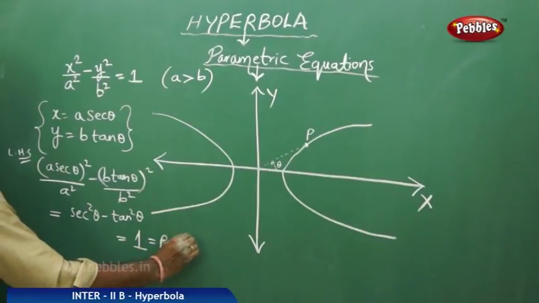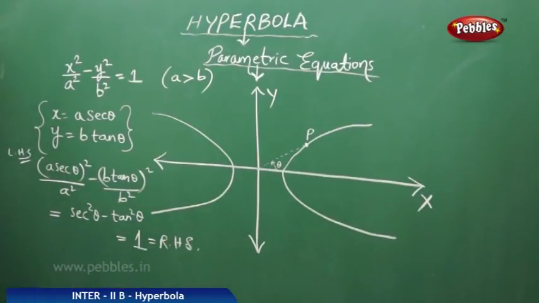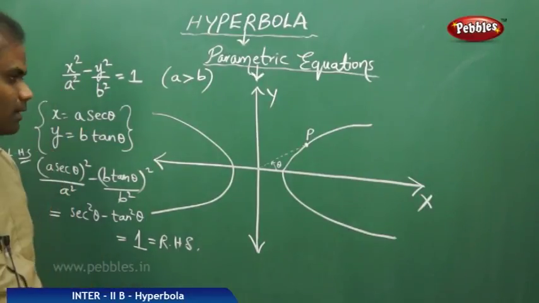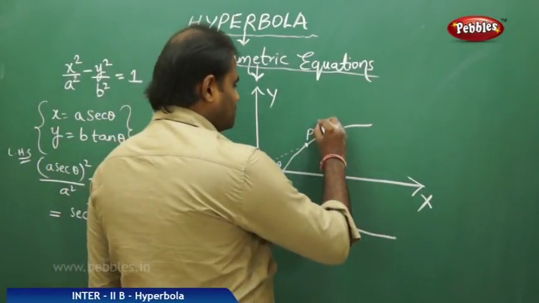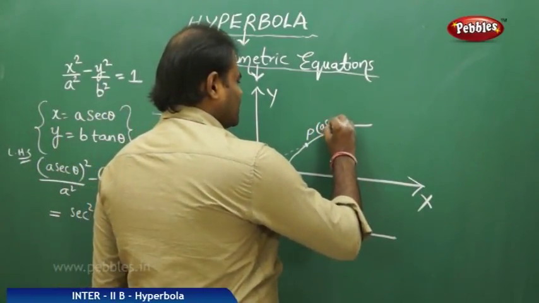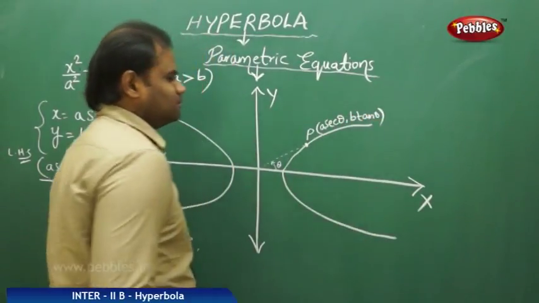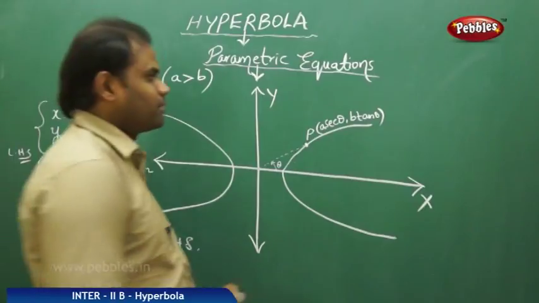That is the right hand side. That is, these two equations satisfy the hyperbola x square by a square minus y square by b square equal to 1. Therefore, every coordinate P is given by a secant theta and b tan theta. And this is called the parametric point.